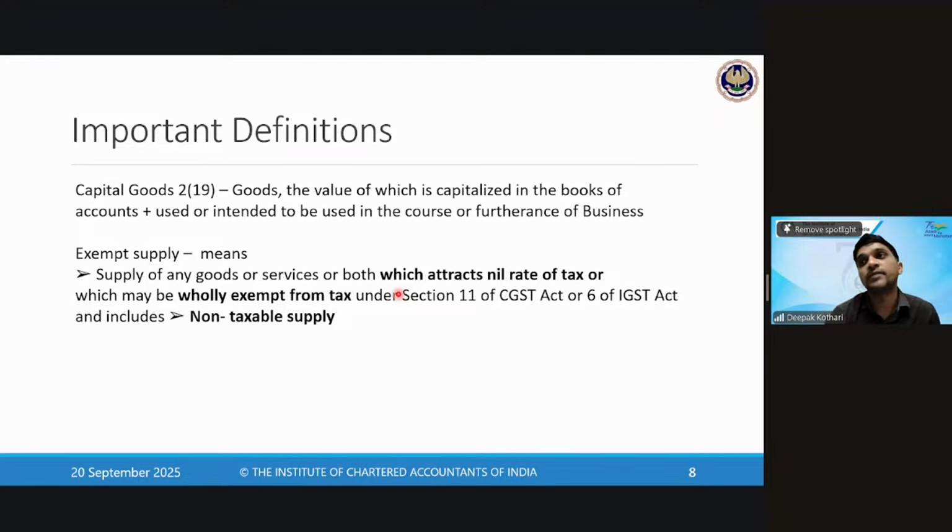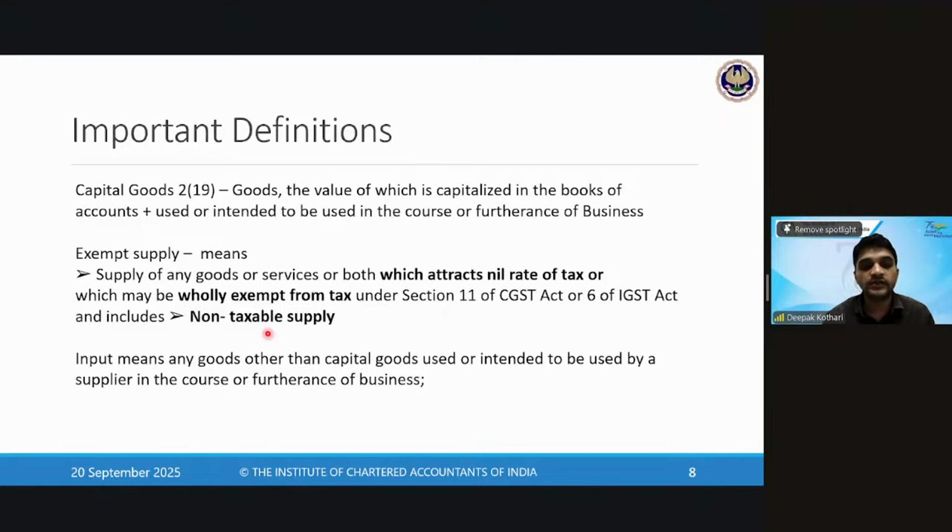That is, these five petroleum products, they are all not taxable. So when you do this proportionate calculation, like how we had discussed, this non-taxable supply also will form part of the exempt supply, because the definition of exempt supply includes this non-taxable supply also.